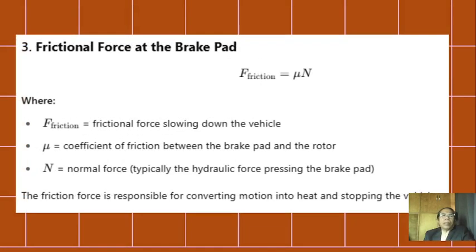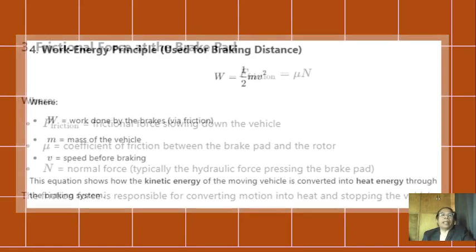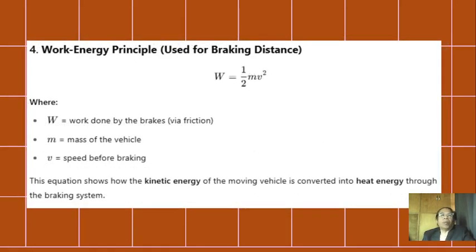Number 3, frictional force at the brake pad: frictional force equals the coefficient of friction between the brake pad and the rotor multiplied by the normal force, typically the hydraulic force pressing the brake pad. Number 4, work-energy principle used for braking distance: W equals one-half m v squared.